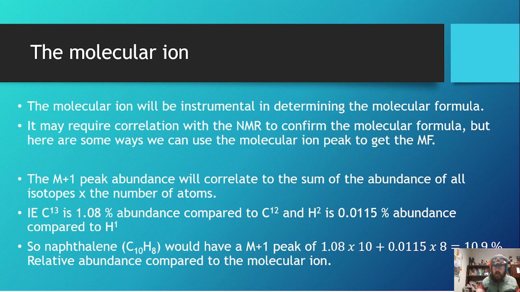There's a 10% chance, or close to 11% chance, of finding at least 1 isotope in this compound. So if you're looking at 1,000,000 molecules all at the same time, you're going to have what? 110,000 of them having at least 1 isotope.